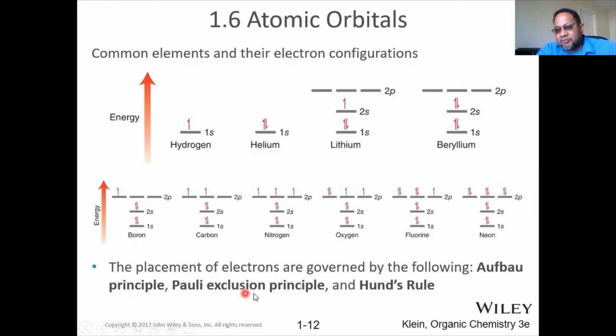The Pauli exclusion principle just tells us that electrons in the same orbital must have opposite spin. And Hund's rule just pretty much says that once you reach a degenerate orbital, like the p orbital, each electron has to occupy a single orbital before you start to pair them up. That's all that's saying.